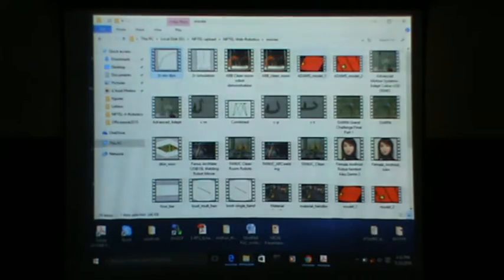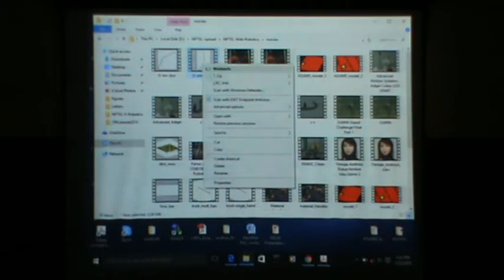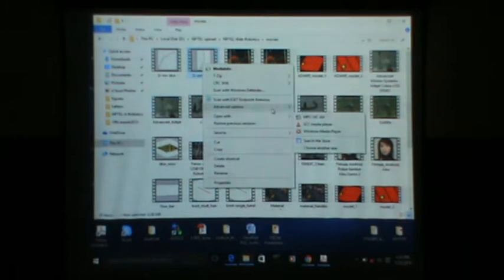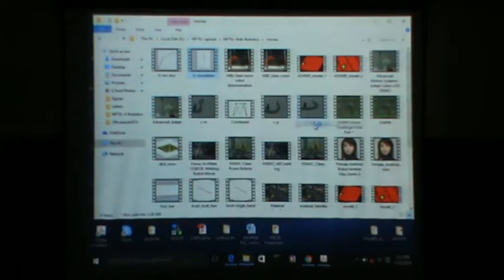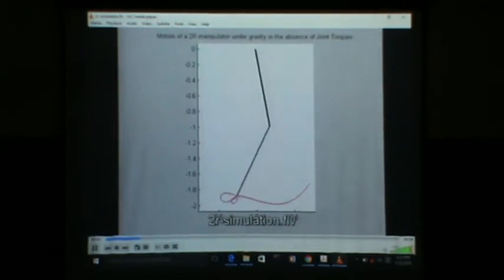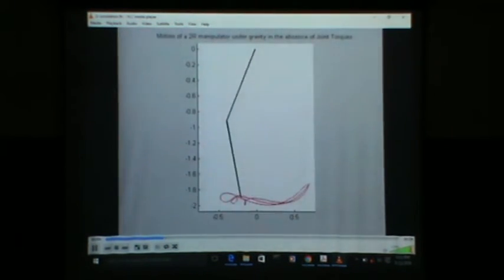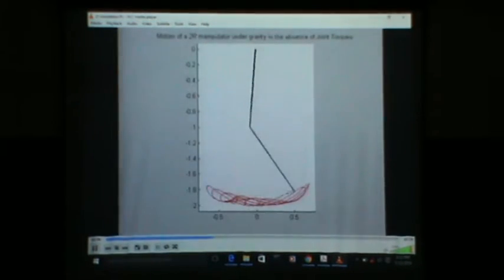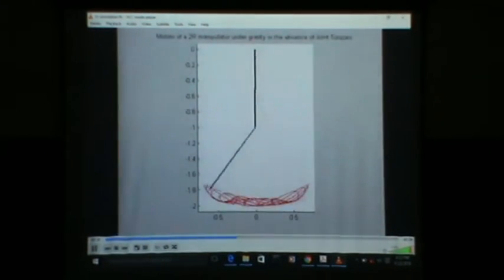Okay, this is not the real one. You can see that initially it started off somewhere, and then the path traced by the tip is very, very strange.